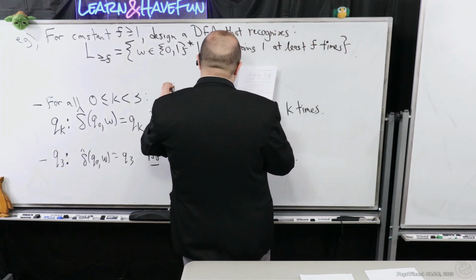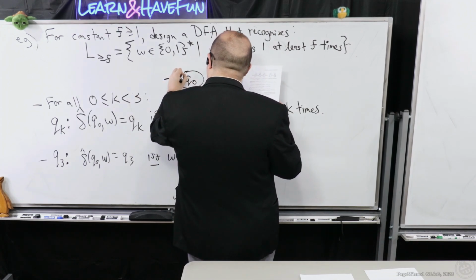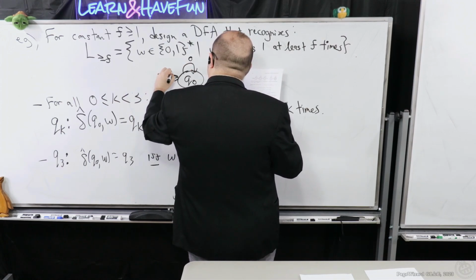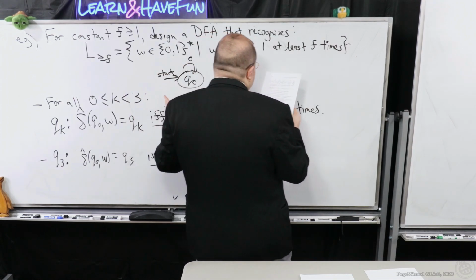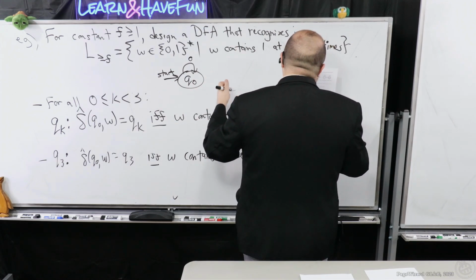So it's the exact same idea, but it's based on the discussion we had last time. So I can have a start state. And remember, the pathway is I want to have this happen where I have to read at least f ones.